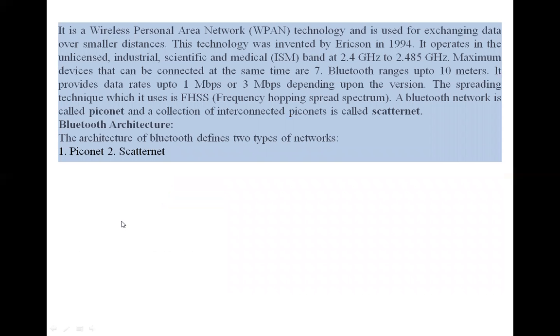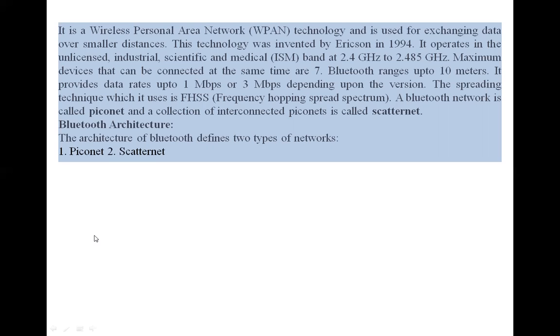Now we will see what Bluetooth is in detail. It is a wireless personal area network technology used for exchanging data over smaller distances. This technology was invented by Ericsson in 1994.